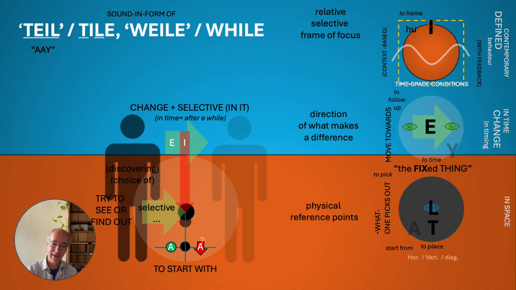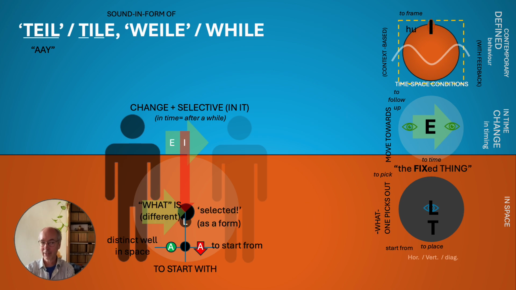But because of the E and the I differences, that's how you learn to interpret it correctly. You are not just focusing upon the thing that you start with, you start to use the thing which is different. That's what TEIL or part is also about. It's that part which is different. That's the thing which you're going to select as a foundation.